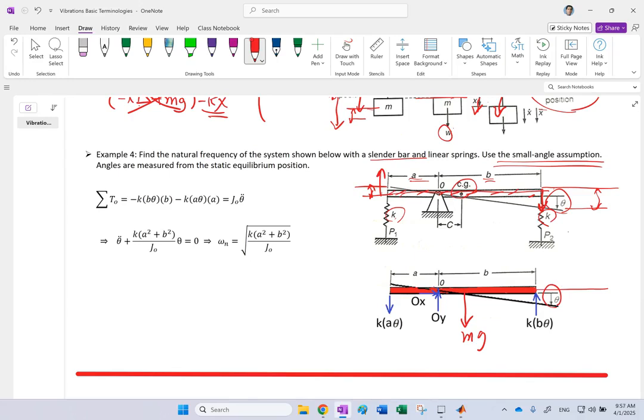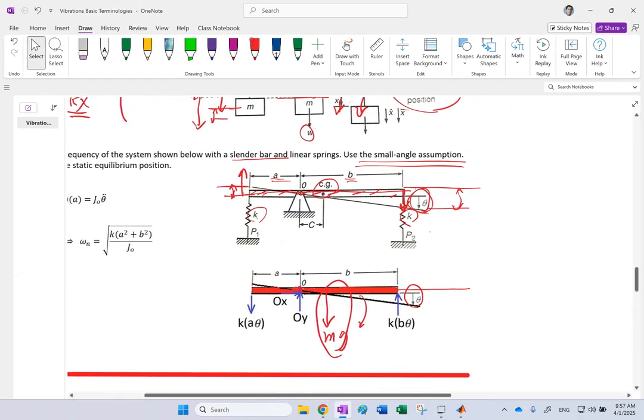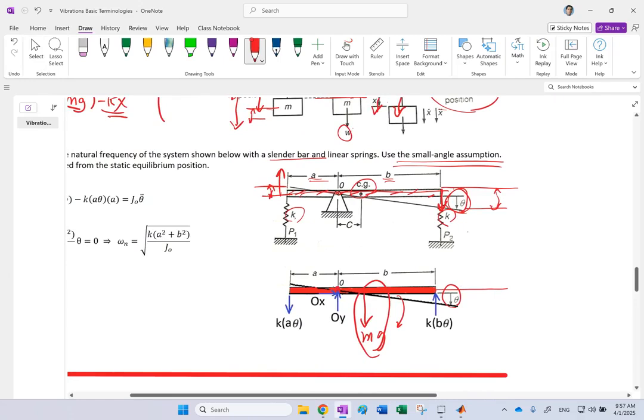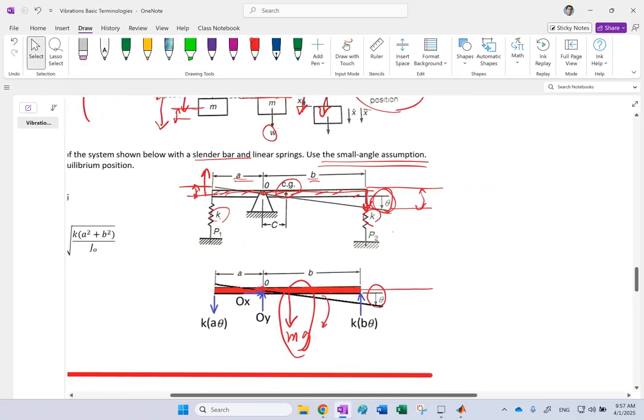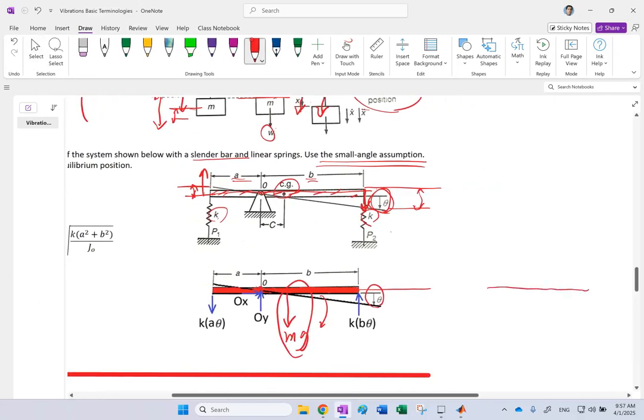Because your centroid is not at the pivot point, this mg will create a moment about this pivot point, a clockwise moment. So even without you adding some initial deflection for theta, the initial position of the seesaw at static equilibrium is already a little bit tilted. Because again, your pivot point is here, your mg is there.